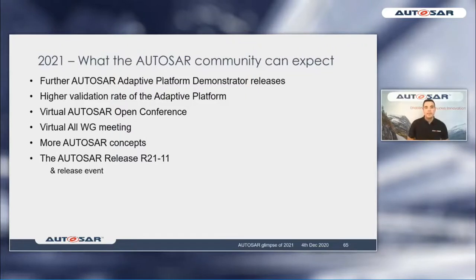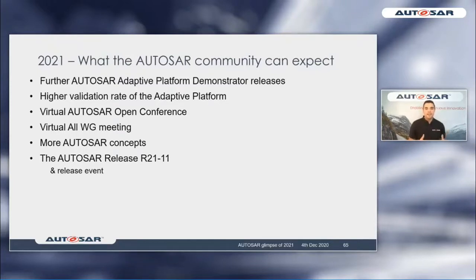So there will be an event as an open conference, which will be virtual somewhere around March. We will think about a virtual all-WG meeting in the middle of the year.